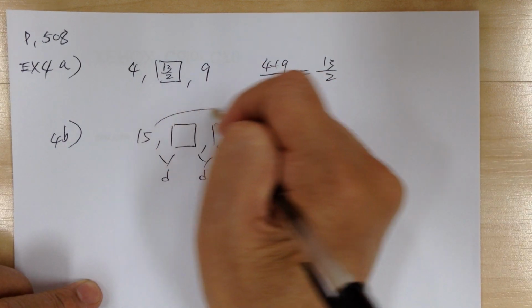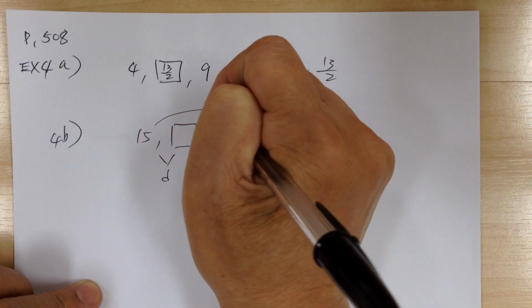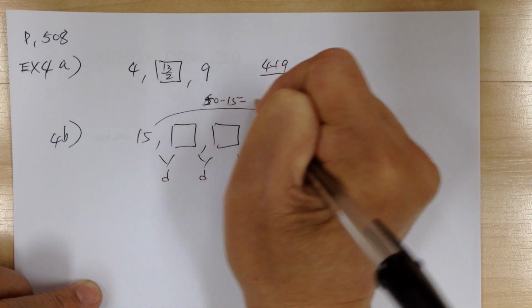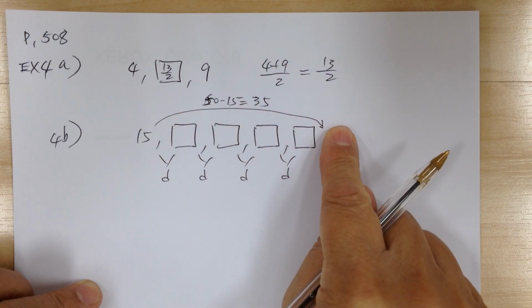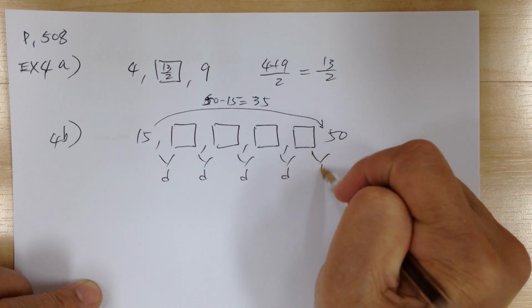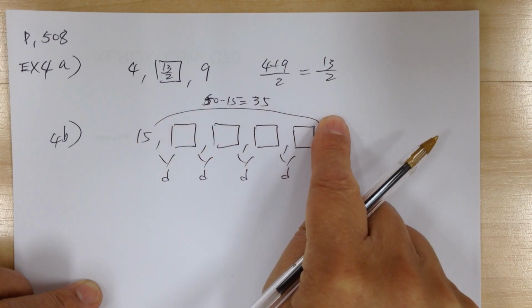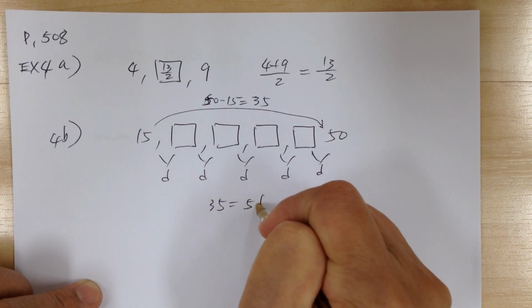Okay? So from here to here is 50 minus, you have to use the end minus beginning, right? 50 minus 15 will give you 35. So from here to here is 35, and there are 5 d's. So 35 equals 5d.